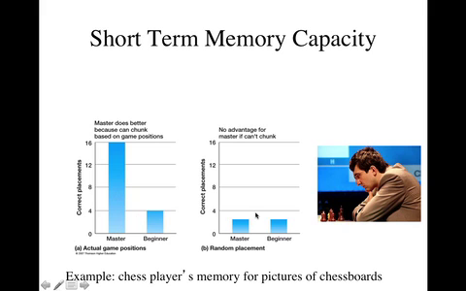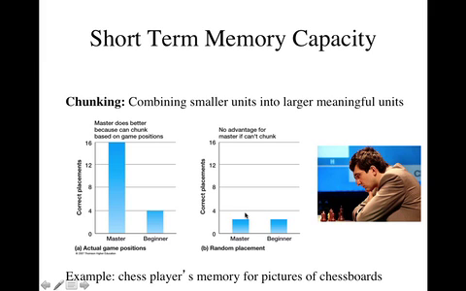The suggestion is that the reason they're able to remember actual game positions is because they can chunk some configuration into a single item, and then they can remember more of those, whereas a beginner is not able to chunk and therefore has to remember the individual pieces. Given a random placement, even the chess player is not able to chunk anymore because these are not meaningful configurations, not tied to long-term memory, and therefore will be just as poor as the beginner in remembering the locations of those chess pieces.